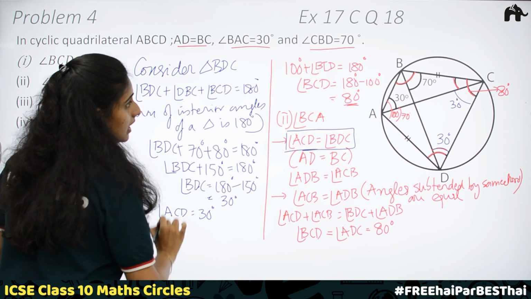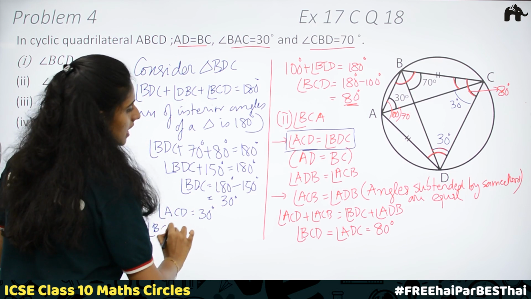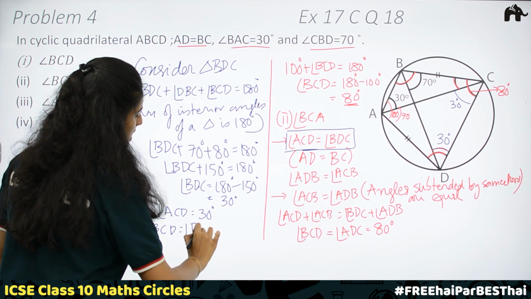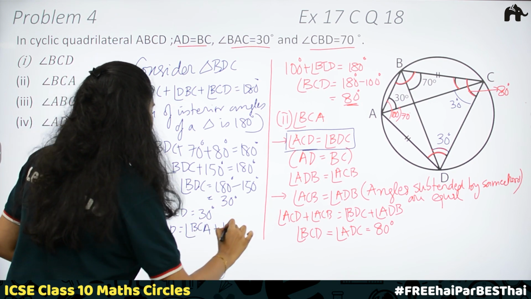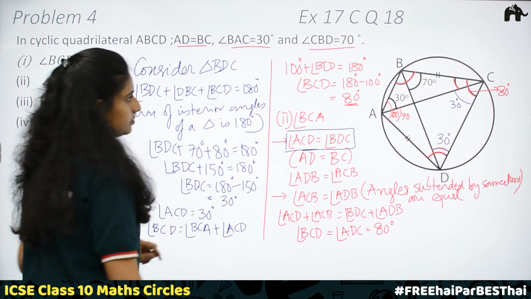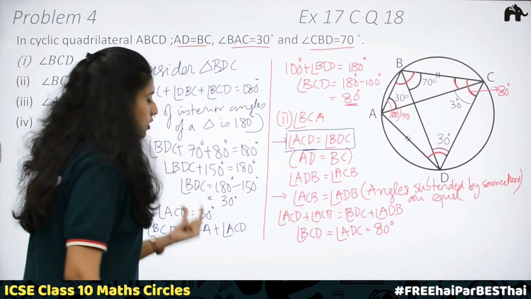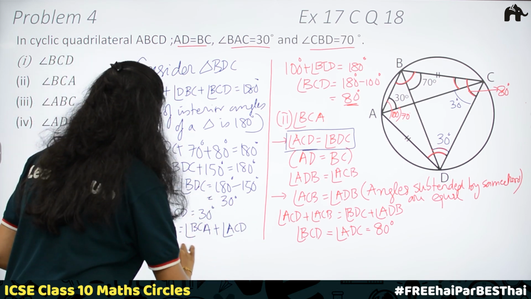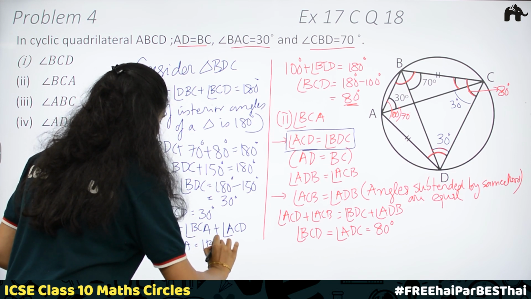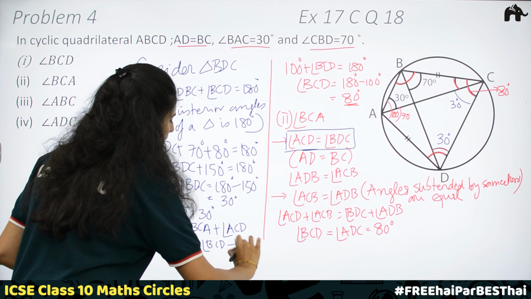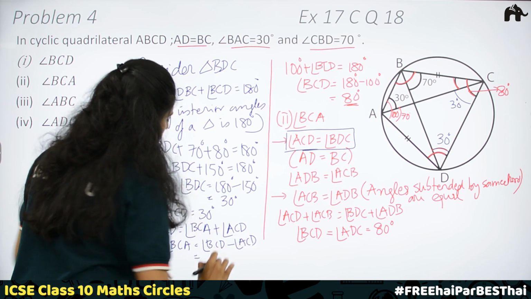We have angle BCD equal to angle BCA plus angle ACD. Okay. We need the value of BCA, right? What is BCA then? Angle BCA is equal to angle BCD minus angle ACD. Put the values.